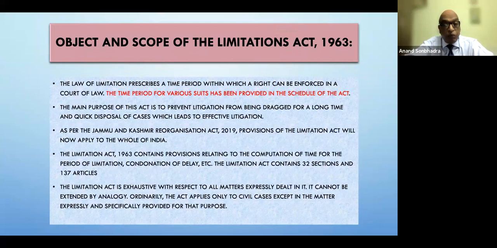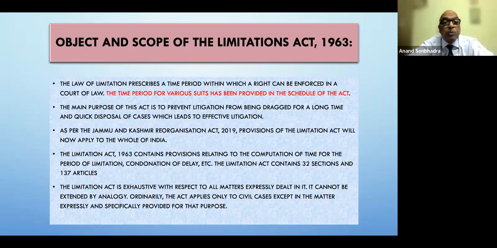As we will see as we go on, the whole act and specifically the time period for various suits, appeals, and applications has been provided in the schedule of the act. We will run through the schedule and see how it is structured in the subsequent slide. I have shared the structure of the schedule also.